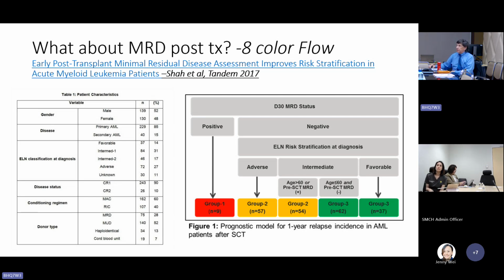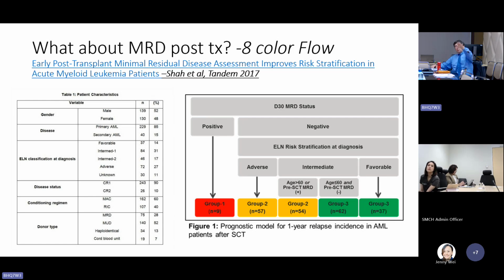One of the questions that came up, and this was a presentation from a proposal that they did at the Tandem meeting: what about post-transplant? This is flow cytometry, and they're looking 30 days after transplant. That's the important part. What is your MRD status 30 days after transplant?